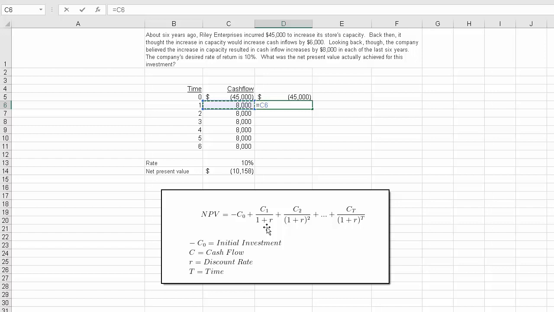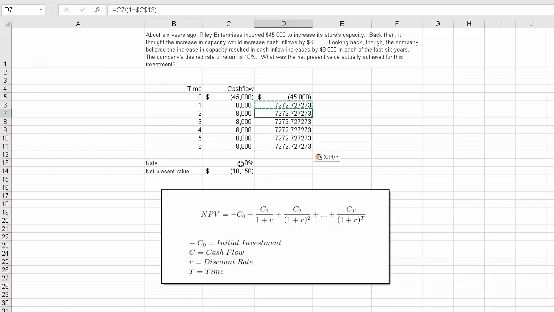So I'll just say equals 8,000, and then I'm going to divide it over 1 plus the rate. So I'll hit 10%. I'm going to hit the F4 to lock it in so that I can just copy this formula down. So what's it saying? It says take the value in C6 divided by 1 plus 10%. But of course, if you just did this with a calculator, you could just enter it and write down this term. Okay? Now, once I have that, I can copy this down to all these periods.